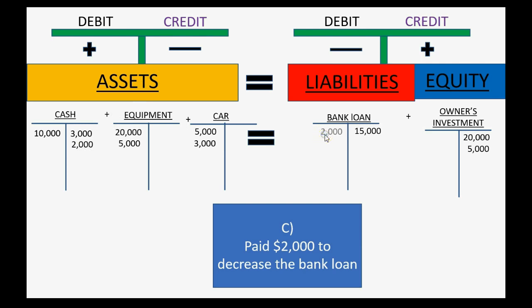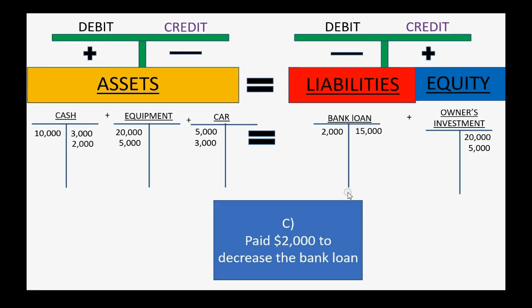So therefore, bank loan must be debit in this transaction. And you can see that bank loan is a liability. And we know if we pay to decrease the bank loan, that the liability should be debit, the way that we just put here.